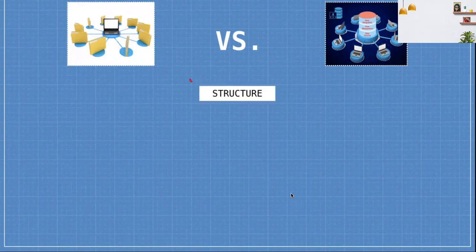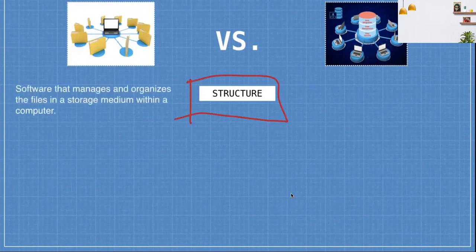So when it comes to structure, paano sila nagkakaiba? So traditional files, it is a software that manages and organizes the files in a storage medium within a computer. So si database naman, we can call it DBMS for short, is a software for managing the database.